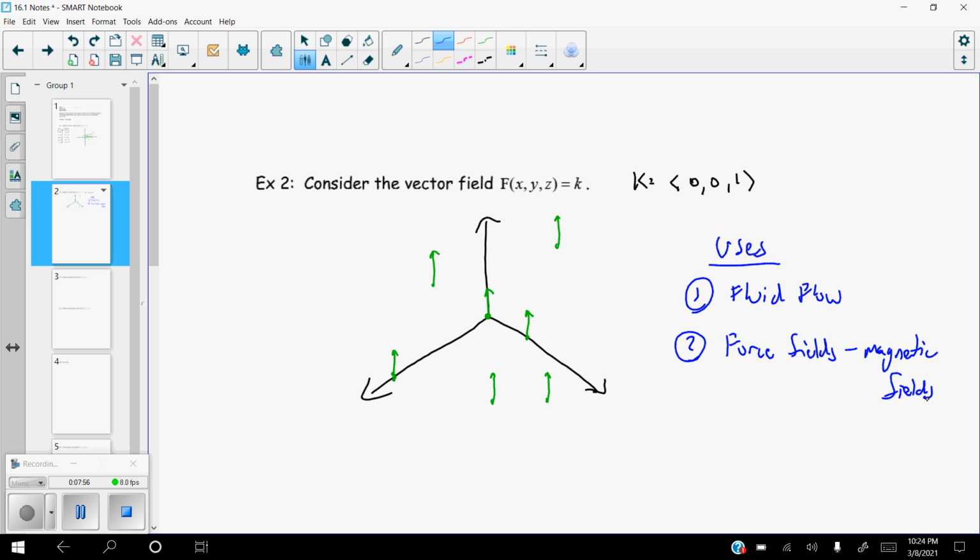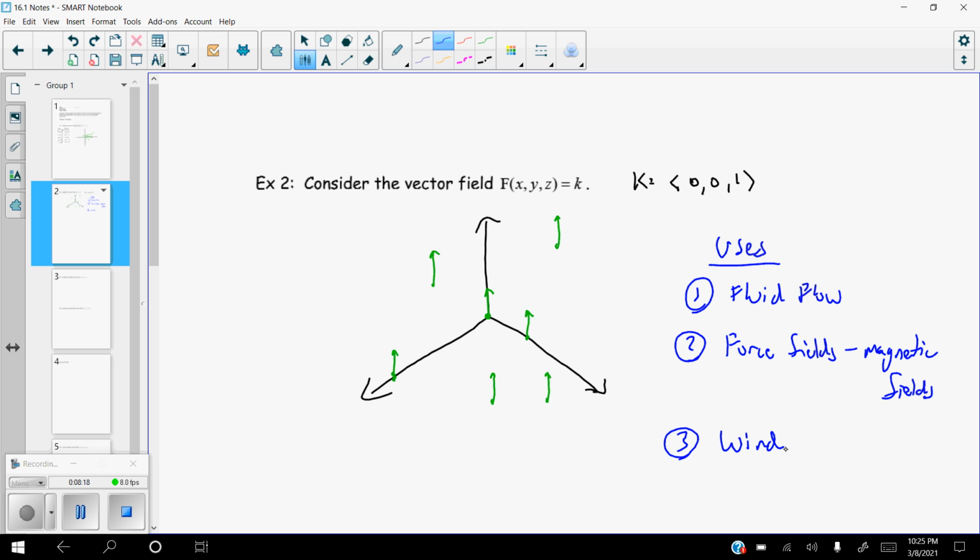So fields that are created by some kind of a force. And in our case, again, we'll probably primarily use magnetic fields. And then things as simple as wind. Wind fields are also going to be used in there. Wind can be shown using vector fields.